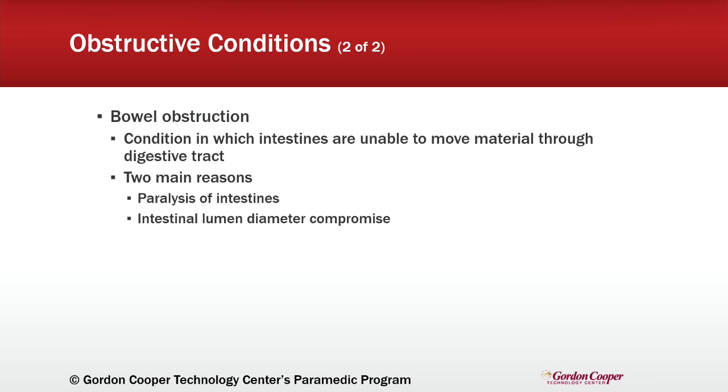The other is compromise of the internal lumen diameter of the intestines, caused by things like neoplasms, intestinal tumors, swallowed objects, strictures like we talked about earlier, hernias, the twisting or intussusception of the intestines, or even a volvulus.